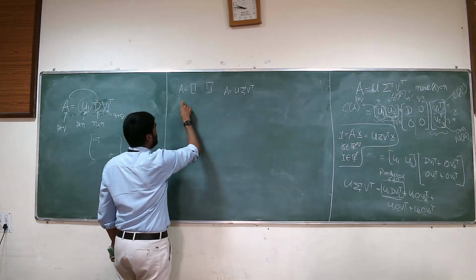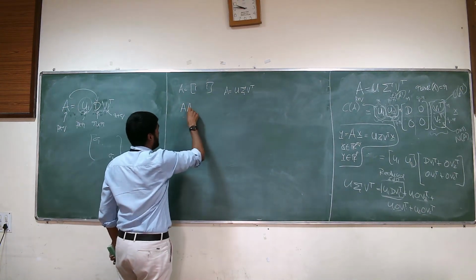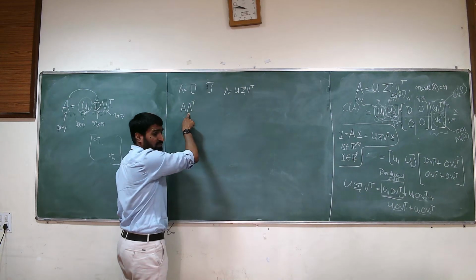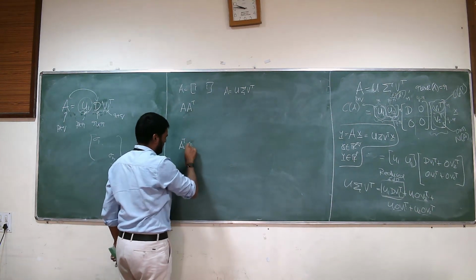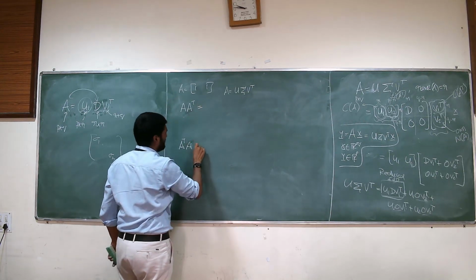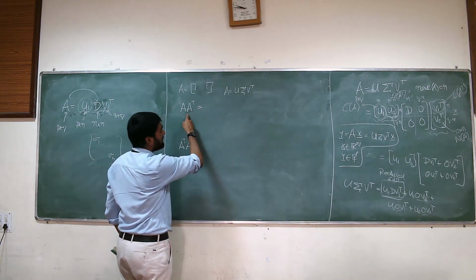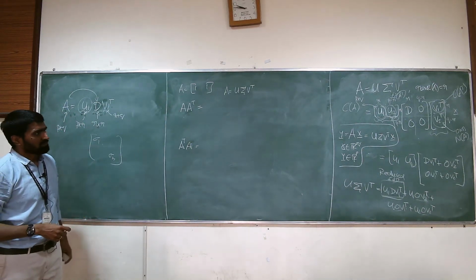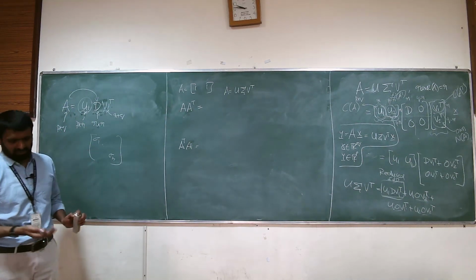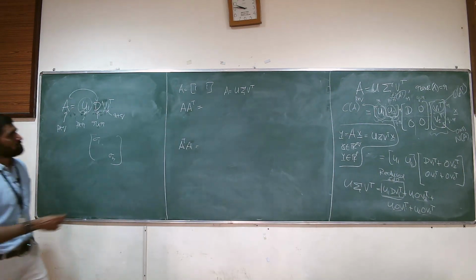To find U, we need to find the eigenvalues and eigenvectors of this, and to find V, can you tell me what are the eigenvalues and eigenvectors of this?